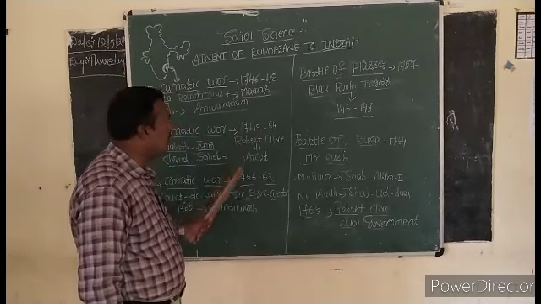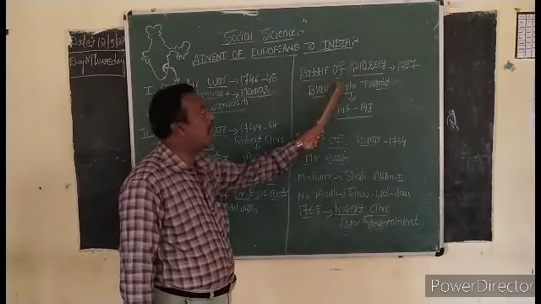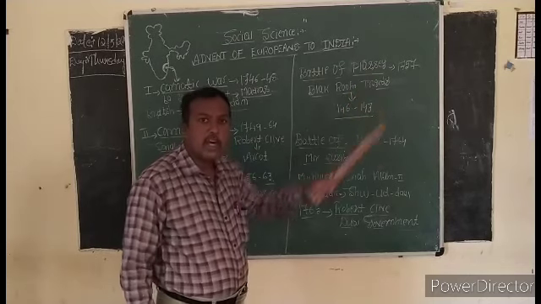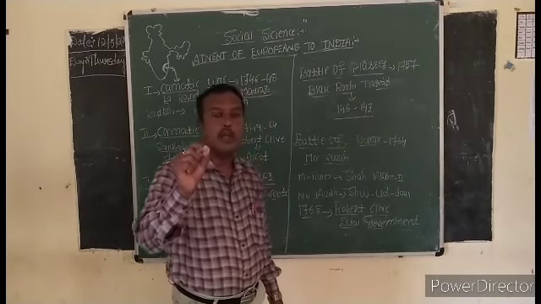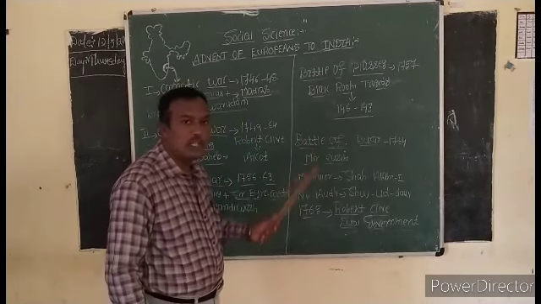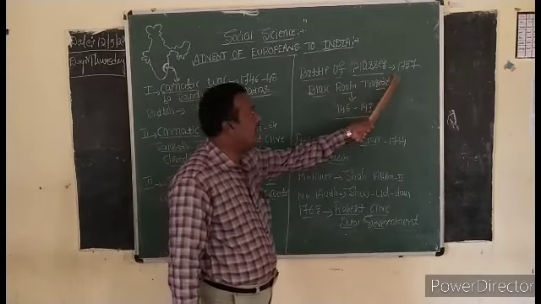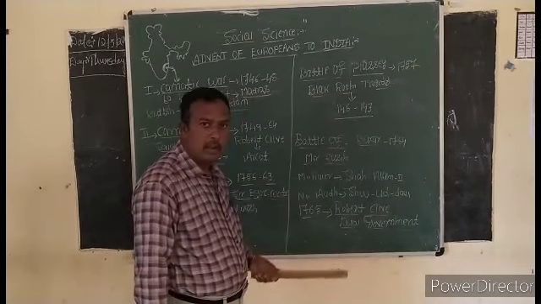Now, after the three Carnatic wars, let us study the Battle of Plassey. The Battle of Plassey is considered one of the major wars waged between the British and the local king, Siraj ud Dowla. In 1757, Siraj ud Dowla was Nawab of Bengal.